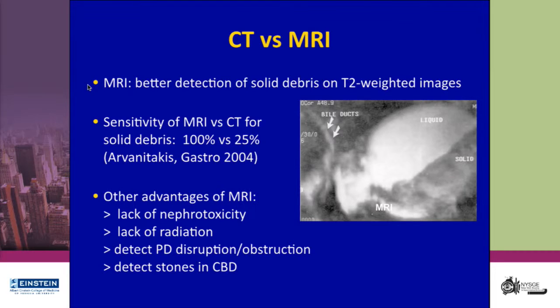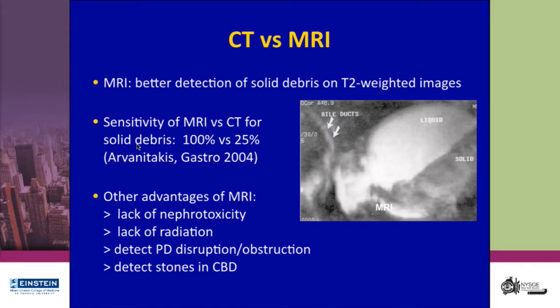The CT, however, is very poor at identifying a solid component. And that's the reason why usually in the CT scan reports, the collection will be described as a pseudocyst, because the radiologist can't really identify that solid component. An MRI is much better at detecting solid debris on the T2 weighted images.